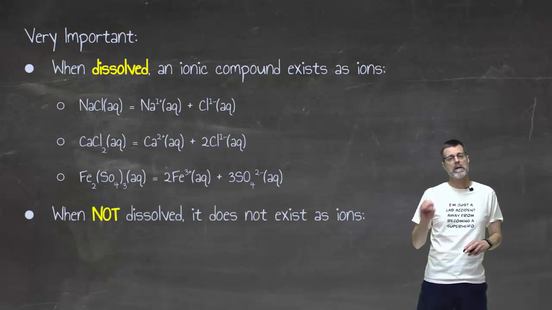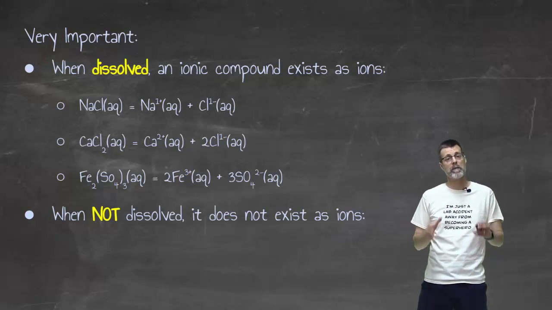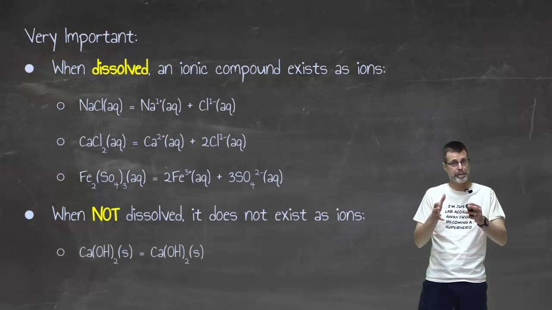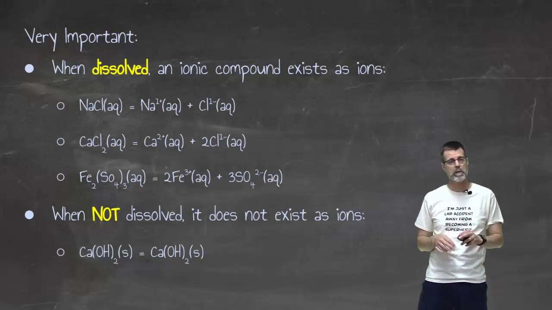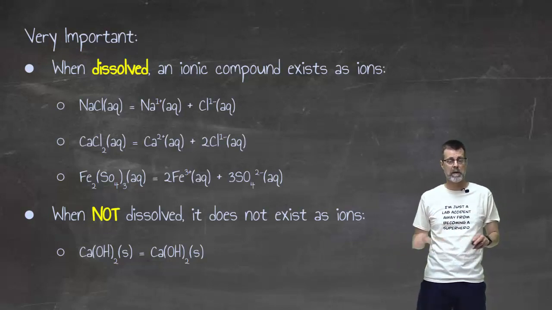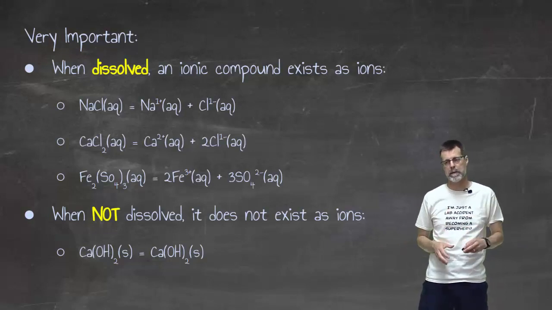If an ionic compound is not dissolved, if it's in solid form, then those ionic bonds are still in play, and I would have the compound as I would expect the compound to be. It would be together in that solid form, not separated as ions. Yes, it exists as ions, but they're all together.